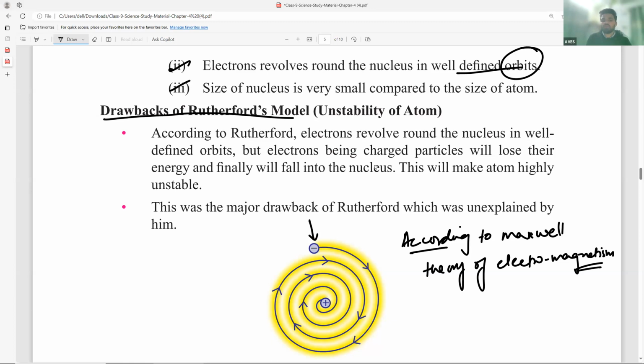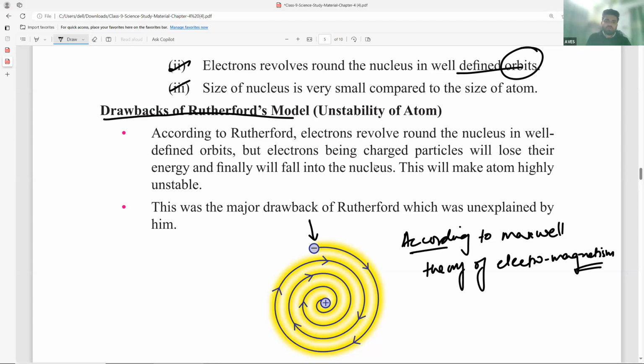When something loses energy, like a mass object pulled down that we rotate, it spirals closer to the center. Similarly, the electron will lose energy, take a spiral turn, come closer and hit the nucleus. And when it hits the nucleus, the structure of the atom will automatically be disqualified.